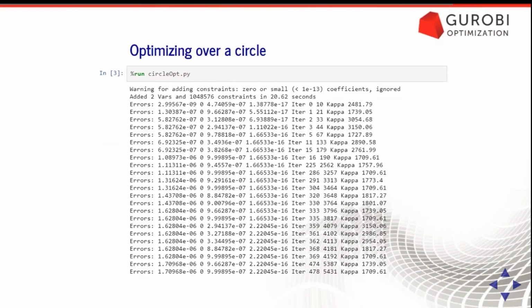Out of 500 iterations, changing small coefficients on the order of 10 to the minus 6 only changes the primal solution about the same order of magnitude, 1.7 times 10 to the minus 6. So this really shows that small changes, as the geometry idea was, will result in small changes in the optimal solution, which makes sense. So these problems are easy to solve.